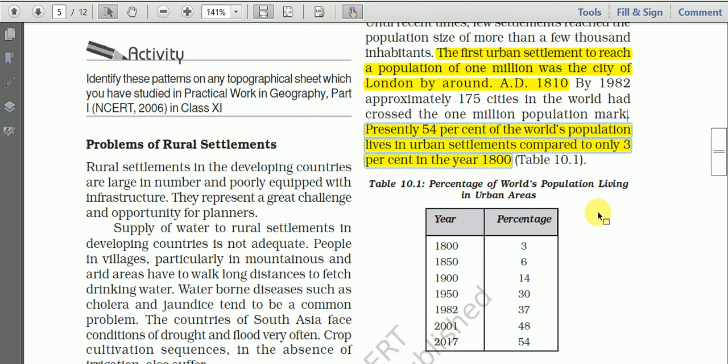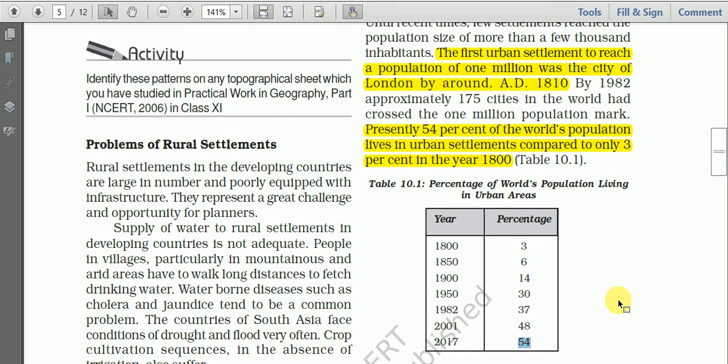So this Table 10.1 shows the trend of urbanization in the world, and if you see this table, you will find that in the year 1800 the urban population in the world was 3%, and by 2017, 54% of the world population lives in urban settlements.